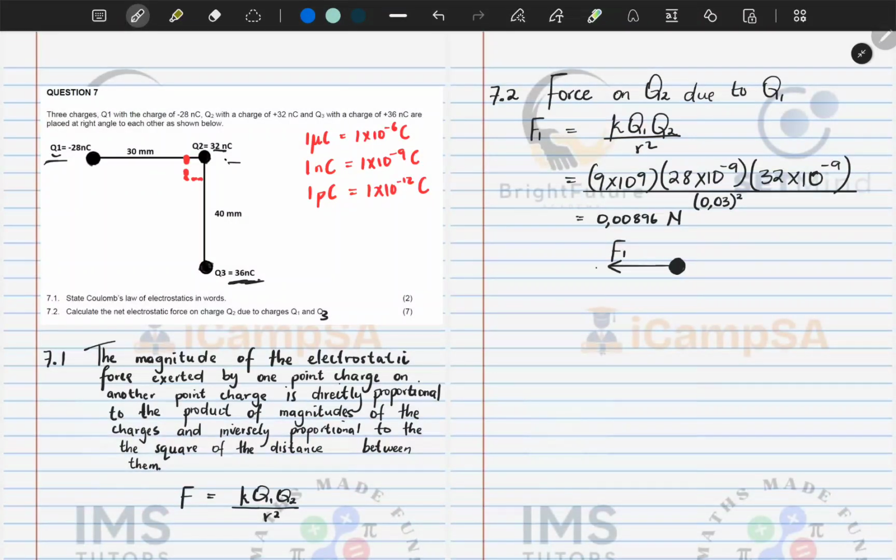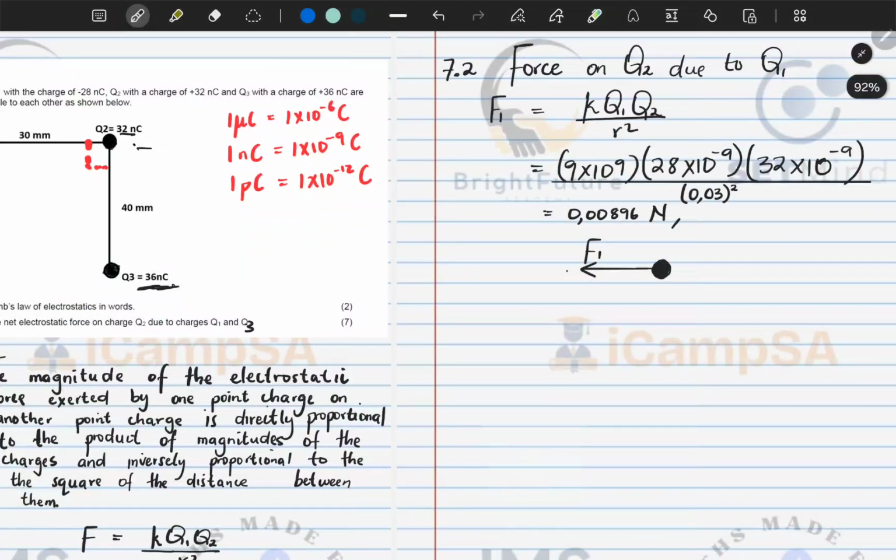The force F1 will be pulling Q2 towards the charge Q1, because these are unlike charges. So as a result, you'd have something like this. So we can say this force is pulling Q2 to the left, but I don't think we have to specify it. You normally do that for charges, but force is also a vector. In an event where you have to specify it, this would be to the left.